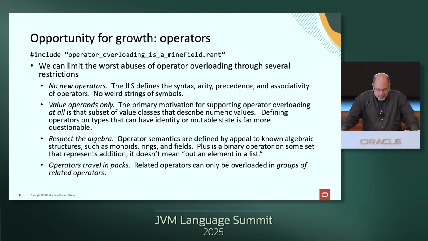And then the other is to take the set of operators that make sense on integral values or floating point values and put them in one interface and say, you either implement them all or you don't implement any, because that reinforces that these operators are supposed to mean these mathematical things, not using shift to represent IO or plus to represent stick an element in a list.